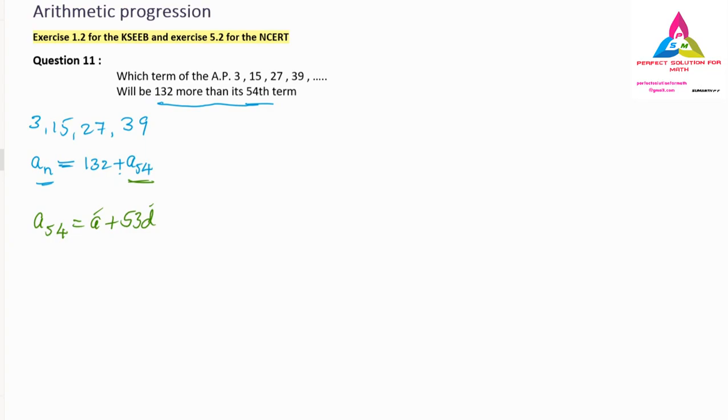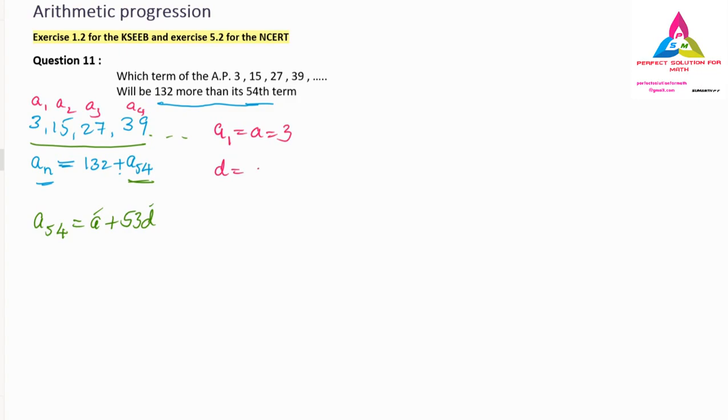It is easy because they have given one AP for us, so it is easy to find now. The A value is nothing but the first term. So A1, A2, A3 and A4. The first term is 3, so A1 or A is equal to 3. Next we have to find the D value.